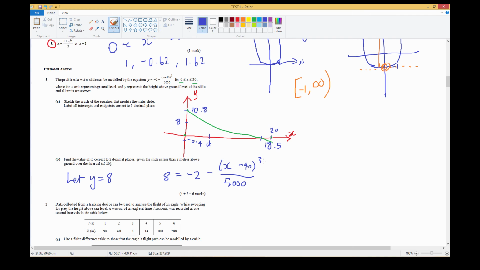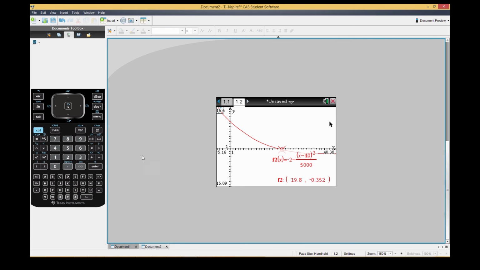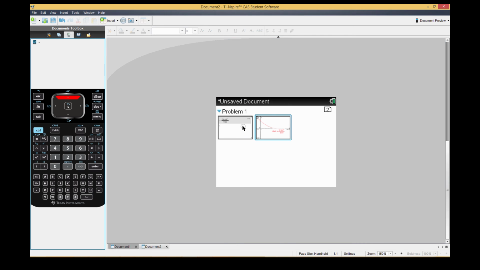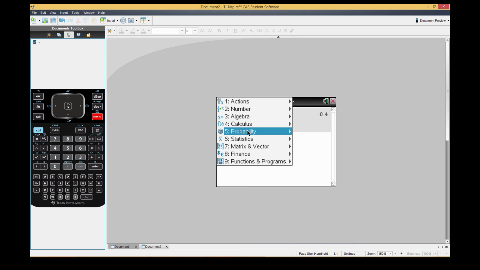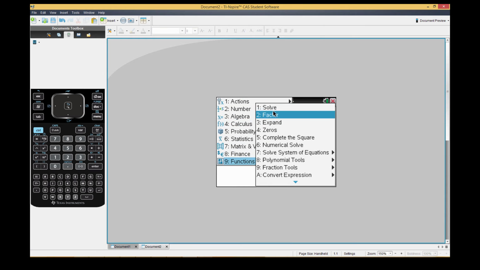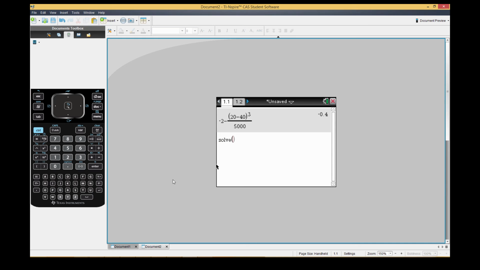We can solve this manually, or we can use the calculator, but it's best to use the calculator. It's much quicker. So again, we go to the menu, use algebra. We're going to solve, put the equation in.